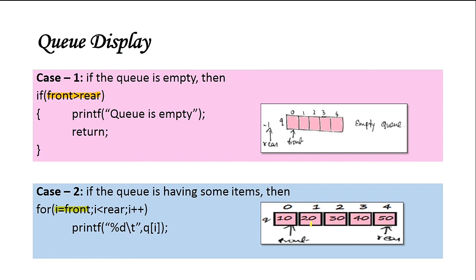Then I want to display 20, so I will be incremented by 1. Then 30, 40 until 50. So until I is less than rear, you need to display all the elements in the queue. Okay, so this is how we can write the queue display.